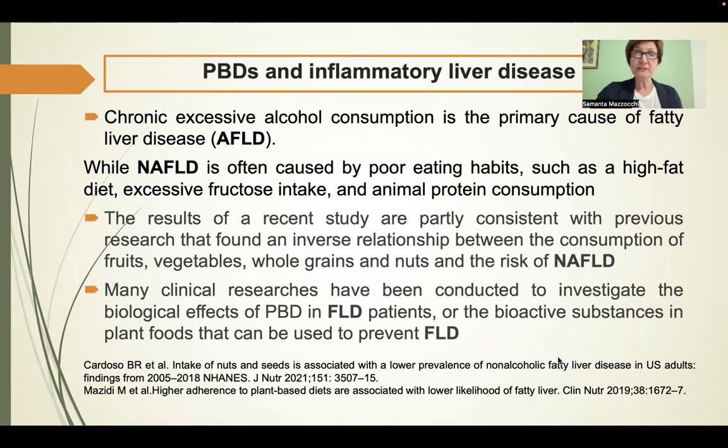The results of a recent study are partly consistent with previous research that found an inverse relationship between the consumption of fruit, vegetables, whole grains, and nuts and the risk of non-alcoholic fatty liver disease. Many clinical studies have been conducted to investigate the biological effects of plant-based diets in fatty liver disease patients, or the bioactive substances in plant food that can be used to prevent fatty liver disease.